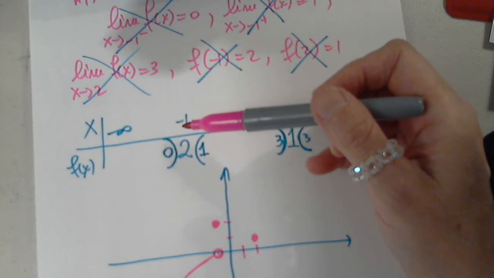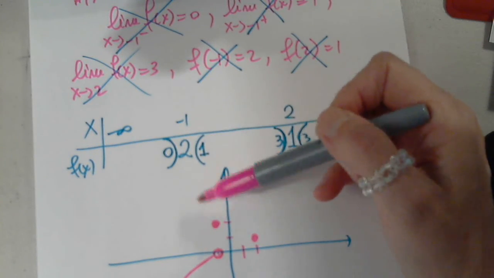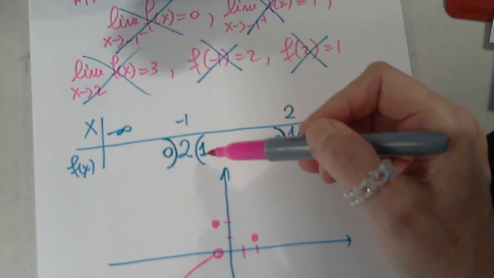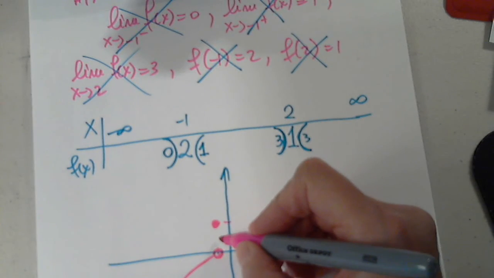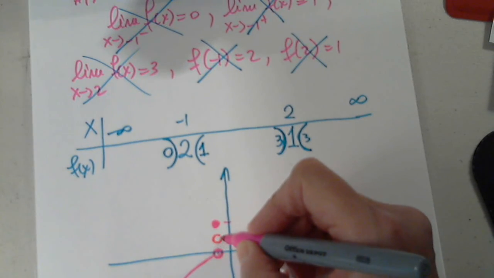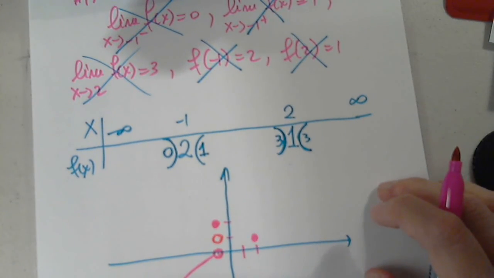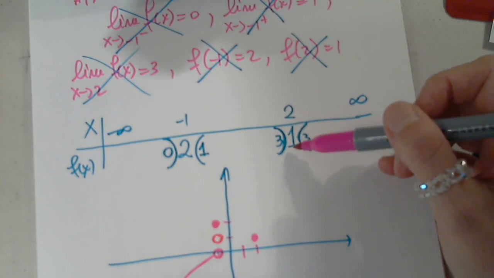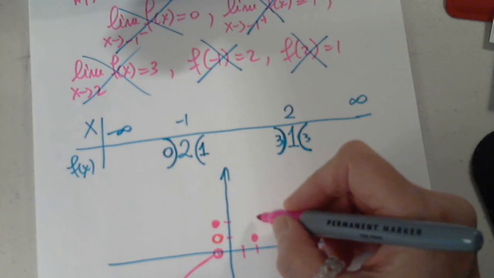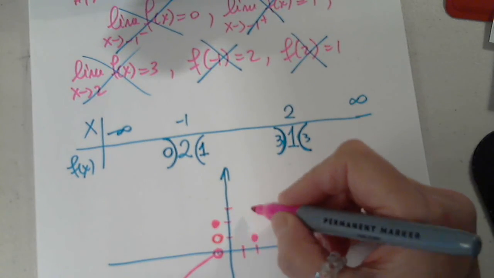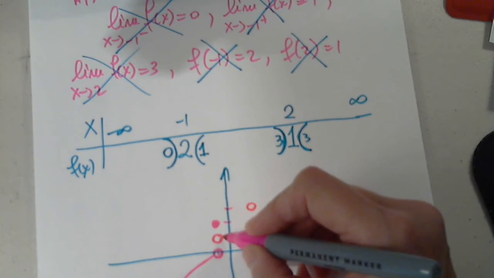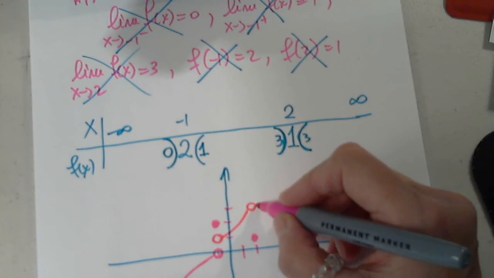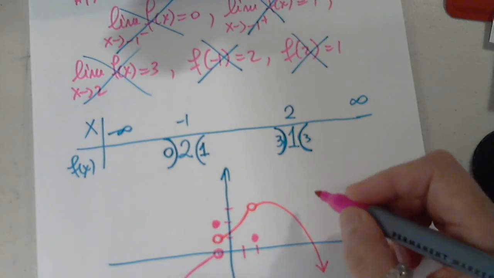On the other side of negative 1, the function approaches 1. Okay, fine. I haven't connected it yet. At 2, on the left and right, it approaches 3. That's my graph.